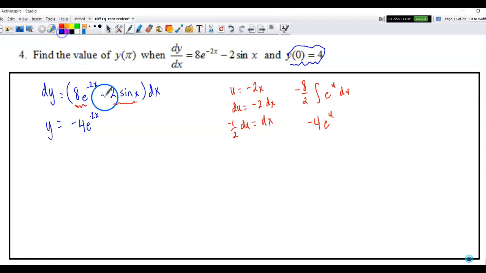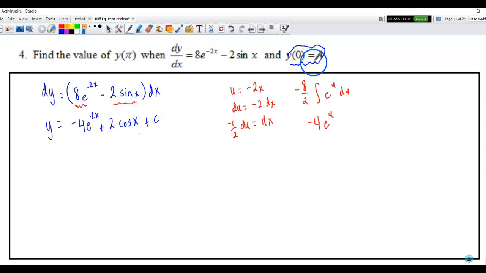For term number 2, it's normal, and the antiderivative of negative sine is positive cosine. So I'll get 2 cosine x. Now stop, tricky trig, and take the derivative of cosine. The derivative of cosine is negative sine, so I got my trig correct, and then there is my plus c.